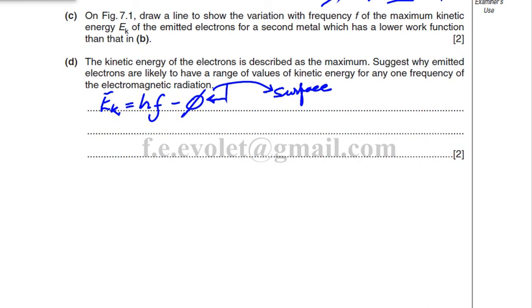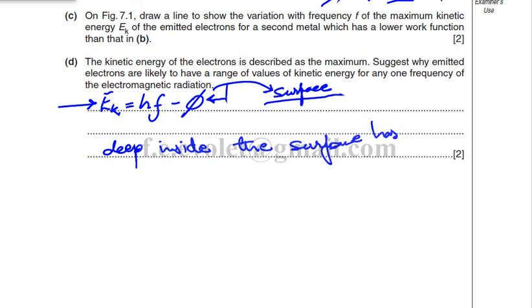The electrons which are knocked out from the surface have greater kinetic energies. Maximum kinetic energy is for those electrons which are knocked out from the surface, but electrons which are emitted from deep inside the surface will have less speed and lower energies.